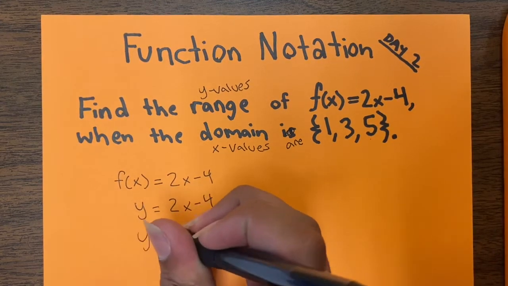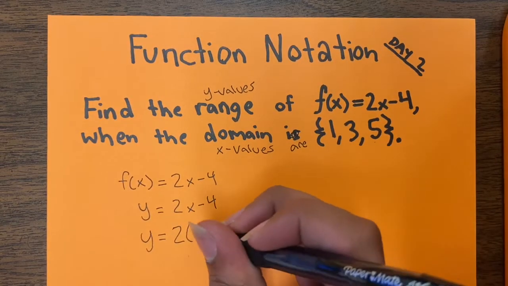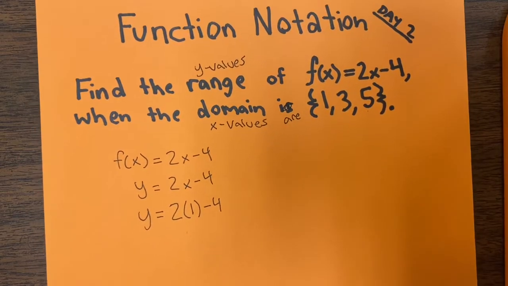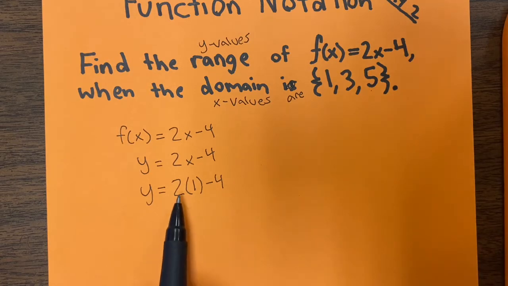So y equals 2 times, and I'm going to use 1 first, so 1. Go ahead and finish this one. Press play when you're ready to see the answer. Okay, so we're going to first distribute.